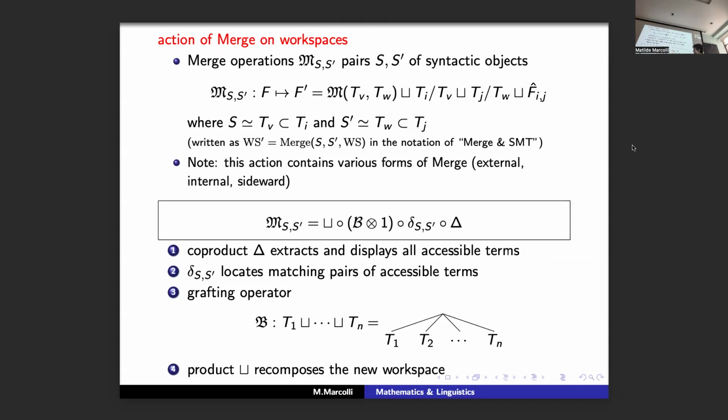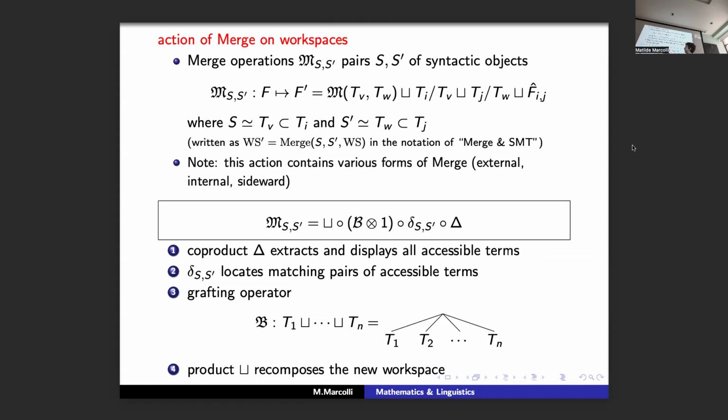And this B is this grafting operator that takes a forest and hands the entire forest to a common root. So a priori, you have this for any arity, so any number of components. But because you're going to be selecting a term that only has two components, you act on it by forming a binary structure with those two components.